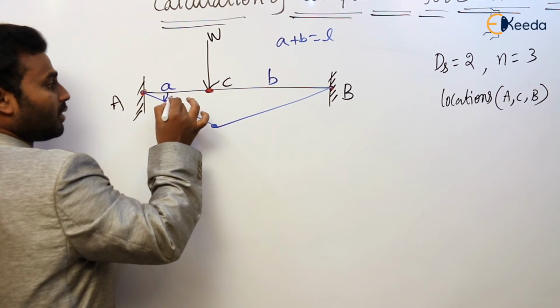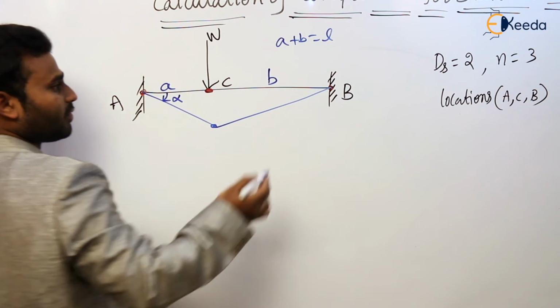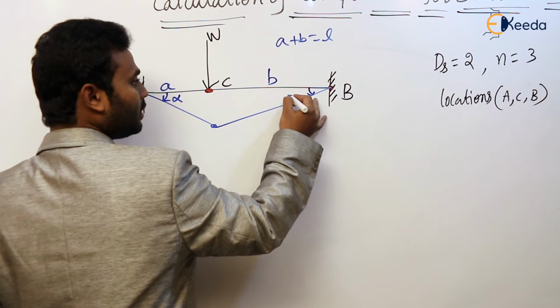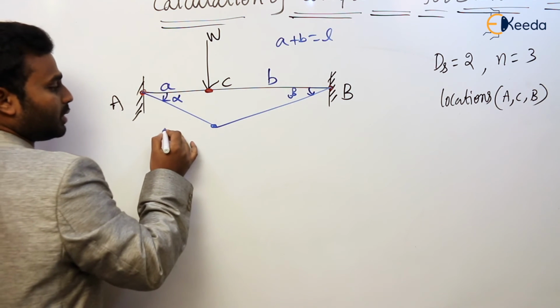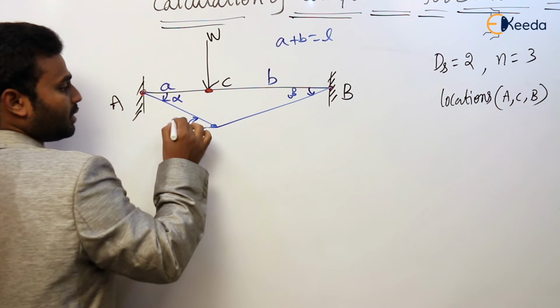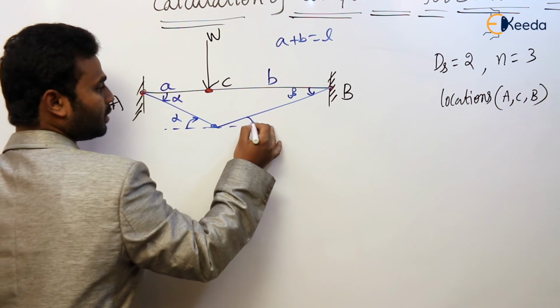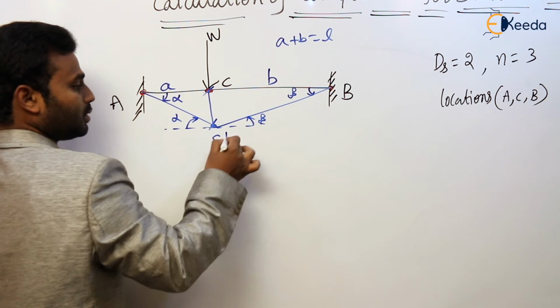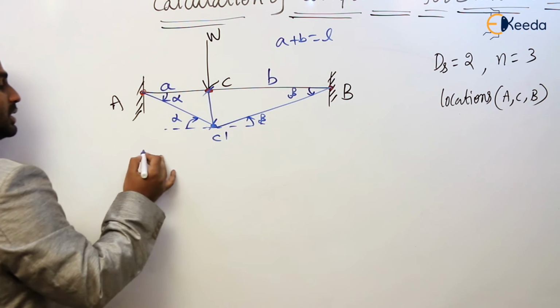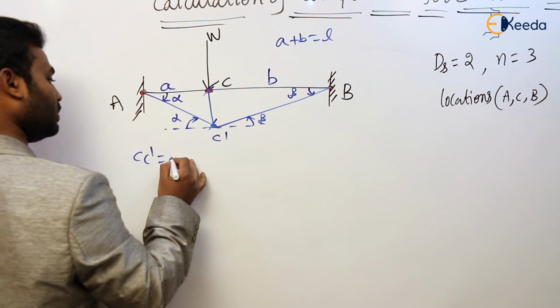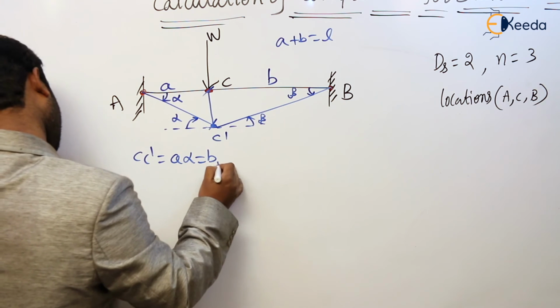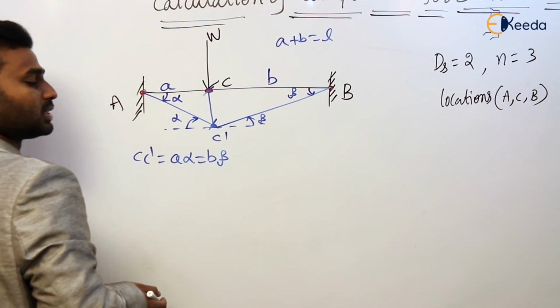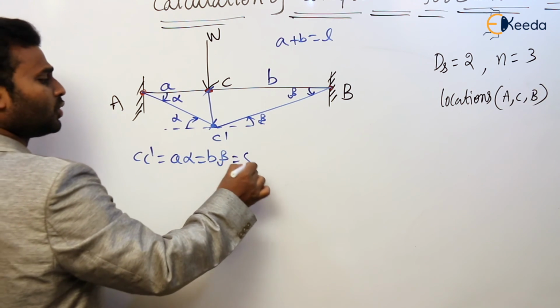So here we have one angle, alpha, and one more angle, beta, or you can say theta A and theta B. So here it is alpha and here it is beta. And this is CC dash. Agree. So we know that CC dash is equal to either a alpha or b beta. So CC dash is equal to delta.